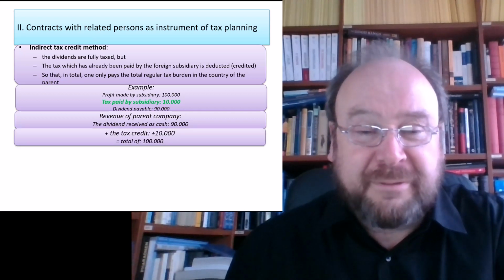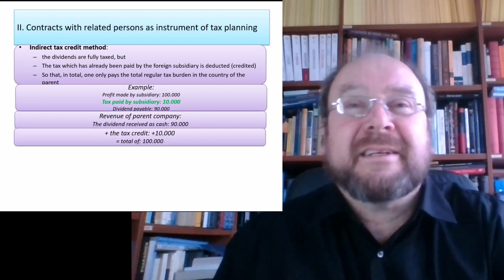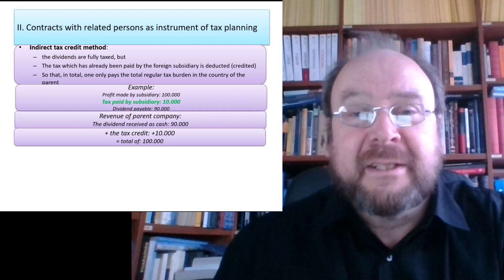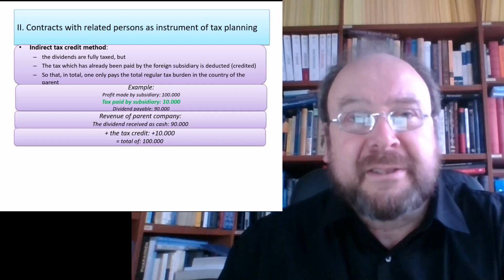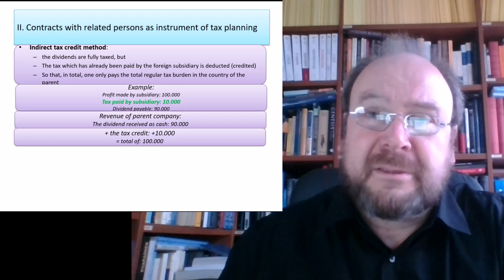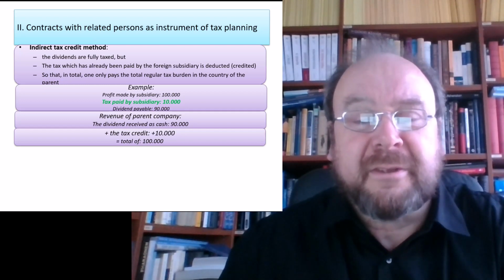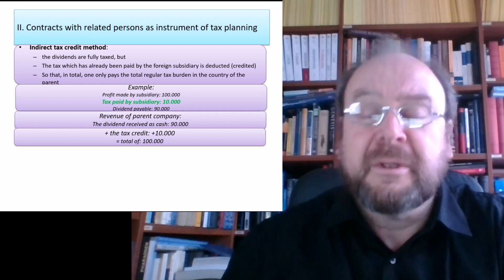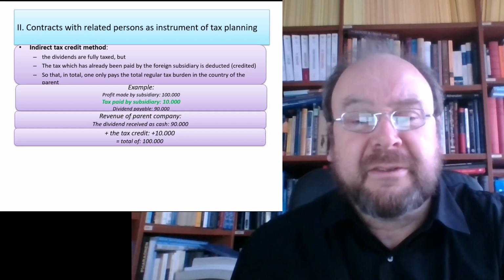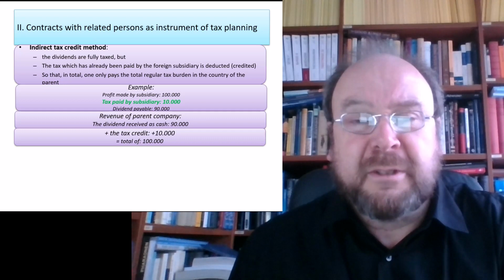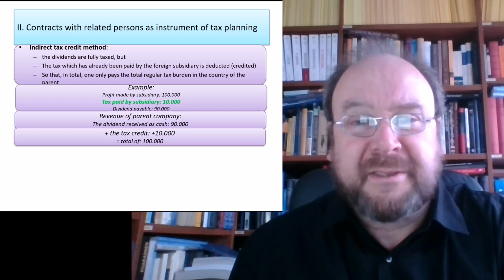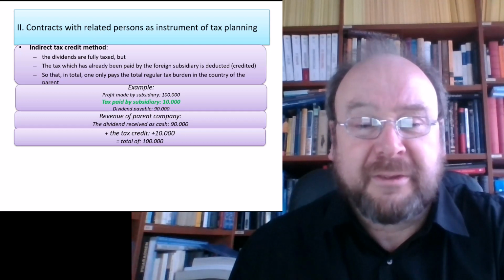Then the revenue of the parent company consists of first the dividend which they received in cash, 90,000, plus an additional revenue effect comes from the fact that they can claim a tax credit. And a tax credit is similar to cash, because it lowers your liabilities at the fiscal office, so it is also a revenue. So we see here the total revenue from the dividend payment is 100,000, exactly the same as the original underlying profit of the company.